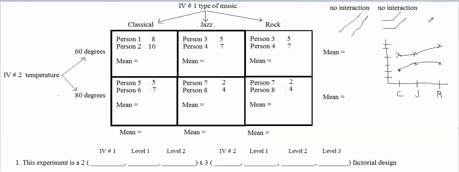But if you had something like this, where this goes up like that, and this stays flat, that would be an interaction. Or if you had something like this, where this goes up like this, and then this goes down like this, that's an interaction.